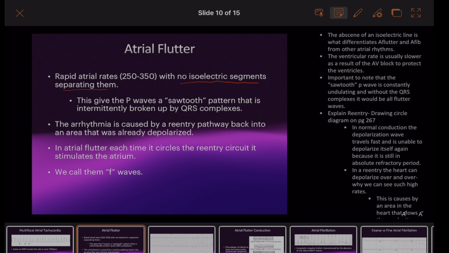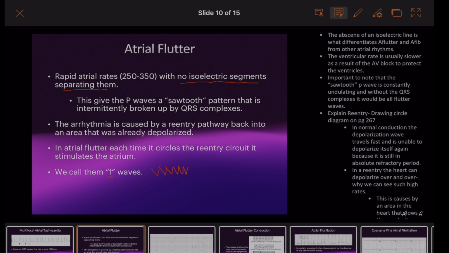So what this looks like, it looks like a sawtooth pattern, like the teeth on a saw, that's intermittently broken up by QRS complexes. And we call those sawtooth P waves F waves or flutter waves. So if we were to look at an EKG of atrial flutter, we would see these flutter waves that look just like this. Looks like sawtooths, right?